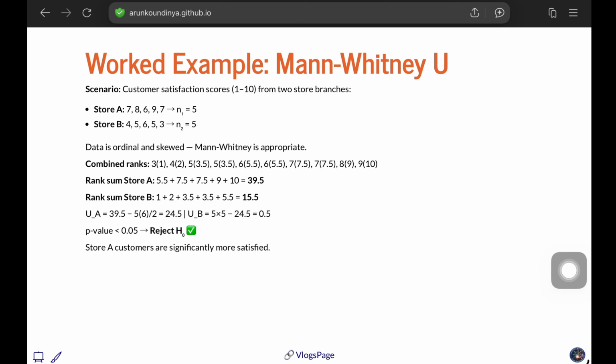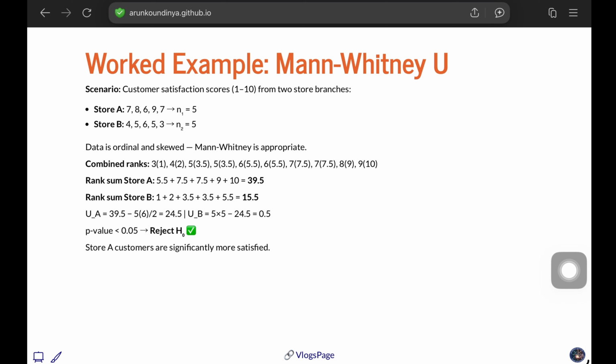This is just a sample satisfaction score. I have seen it where people collected data from two branches, maybe two stores like Reliance Fresh, and then they got the customer satisfaction, and then they rejected the null hypothesis here. It means store A customers are significantly more satisfied than store B. It means store A people are doing great things.